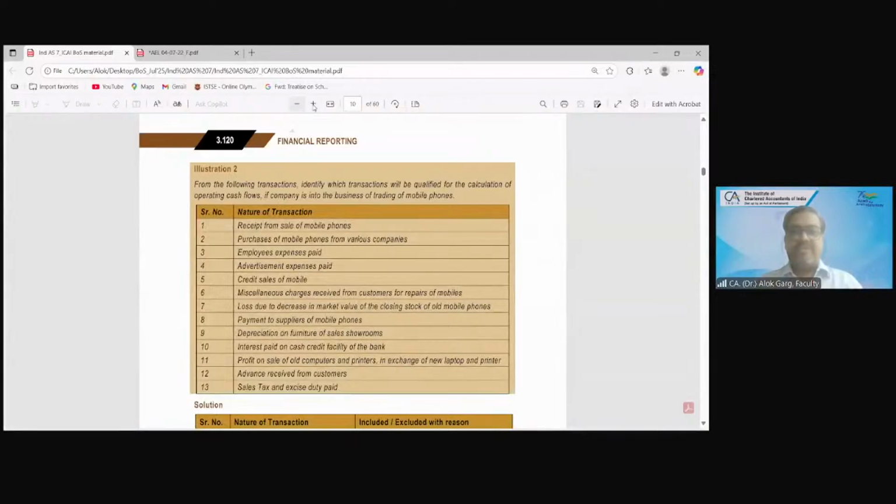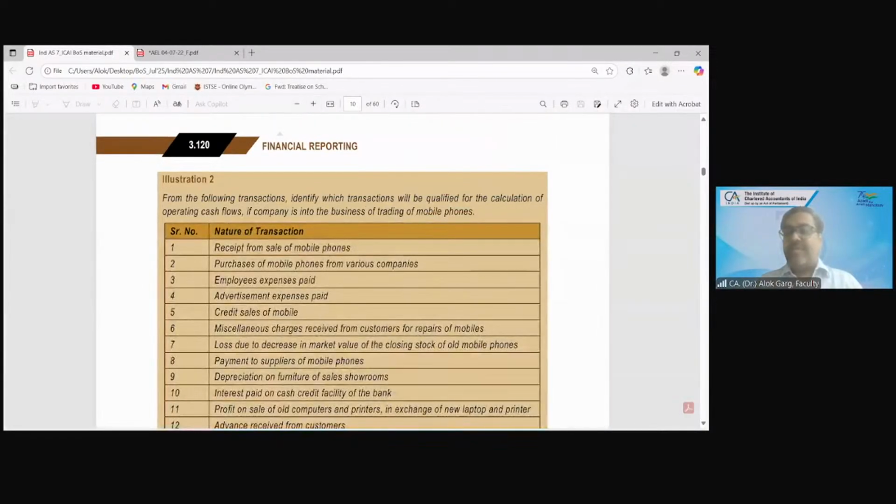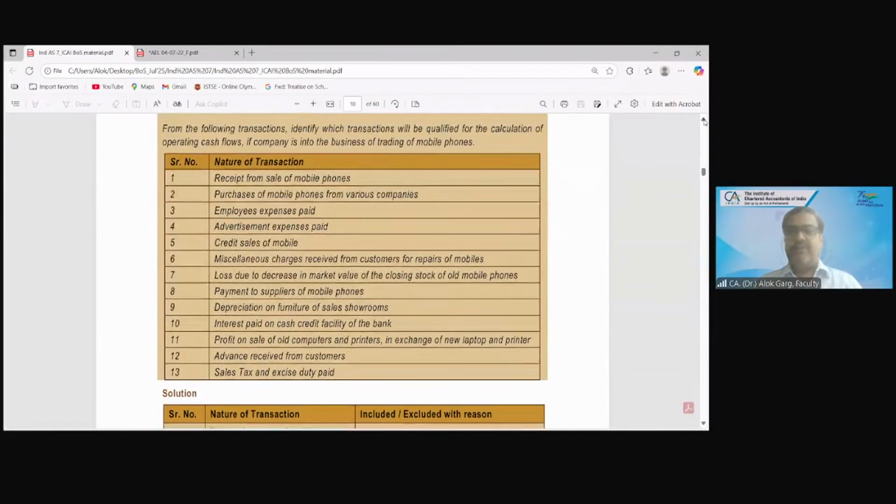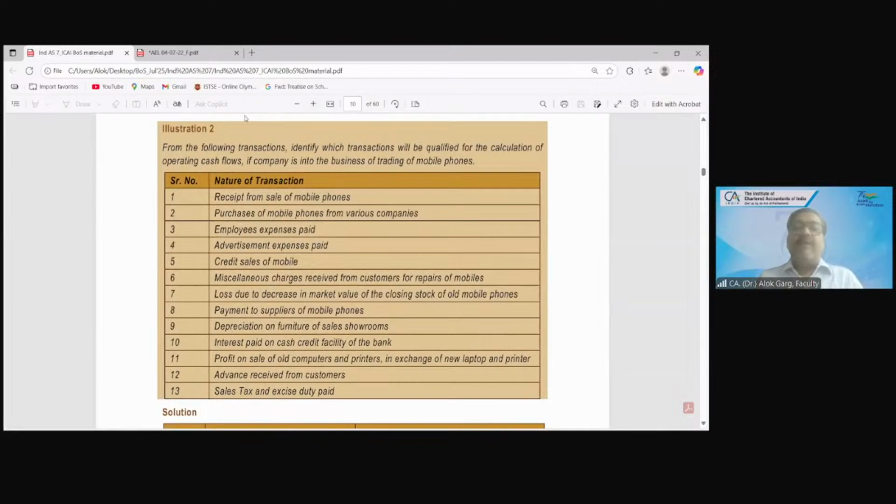Illustration number 2. Is it a cash flow from operating activity or not? Friends, receipts from the following transactions: identify which transaction will qualify for the calculation of operating cash flows. If the company is into the business of trading of mobile phones, what is the nature of the business of this company?